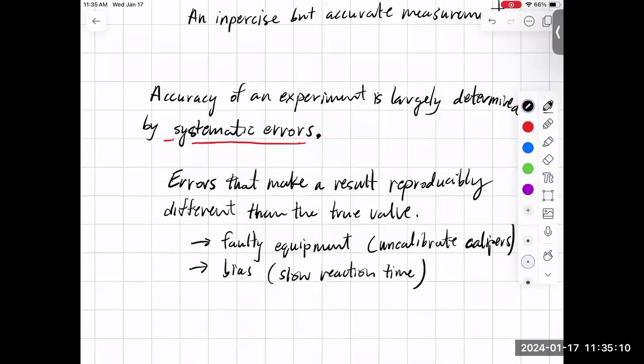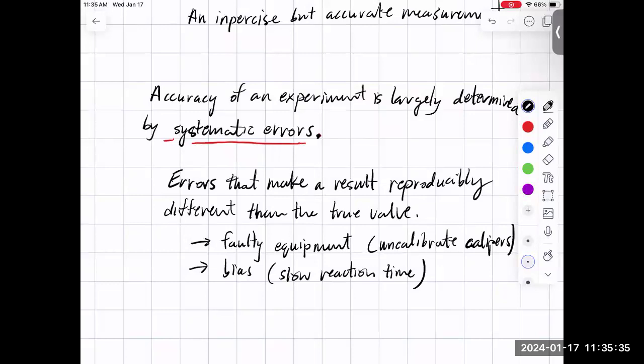Or a worse kind of systematic error is if someone's looking at data and making decisions about how to analyze it to get it to agree with some predetermined theory that they're trying to confirm. That's a more dangerous kind of example.